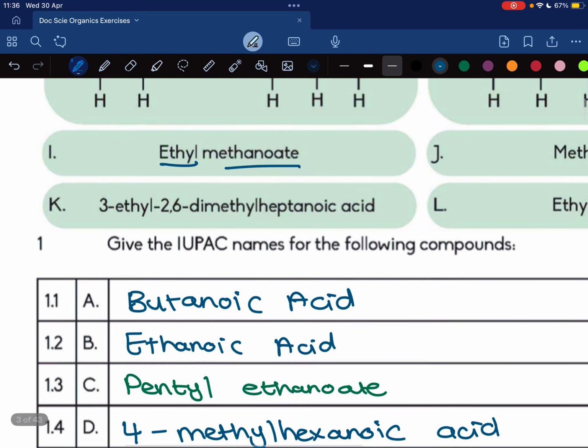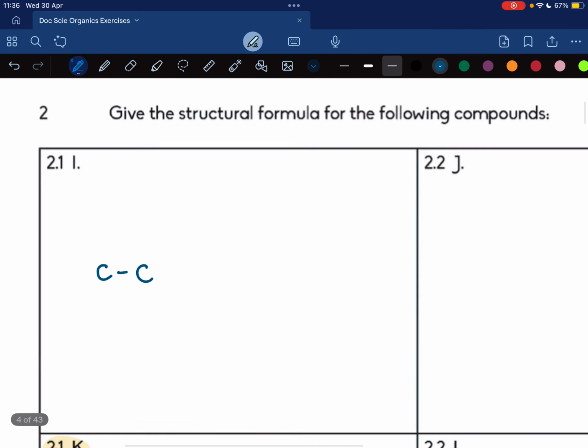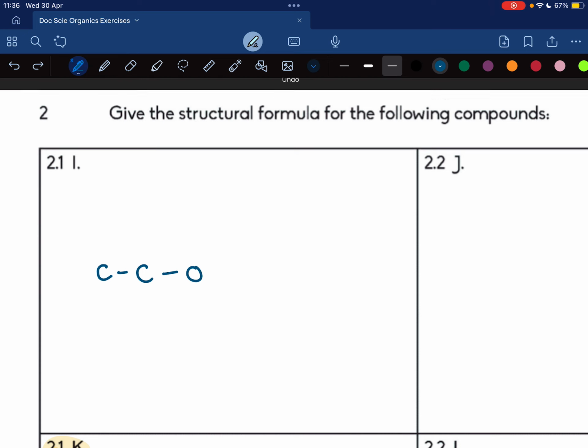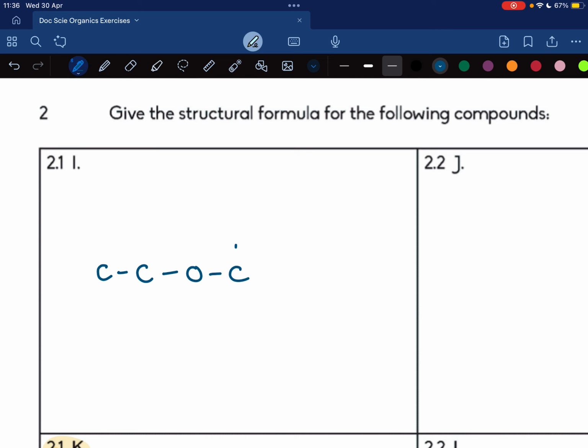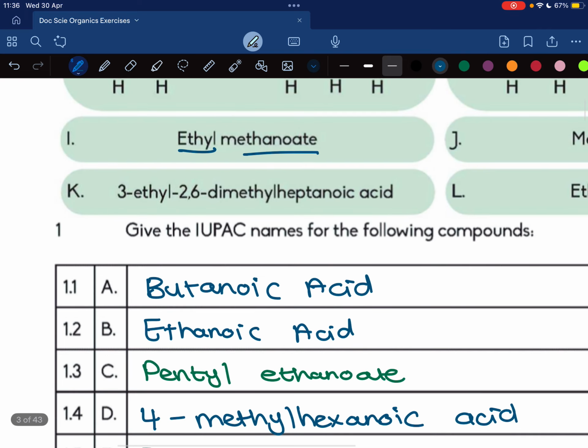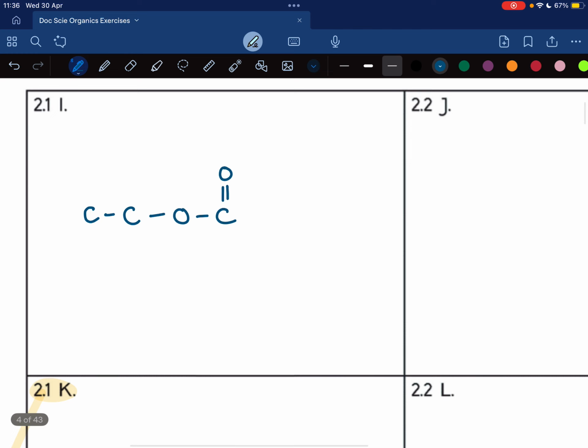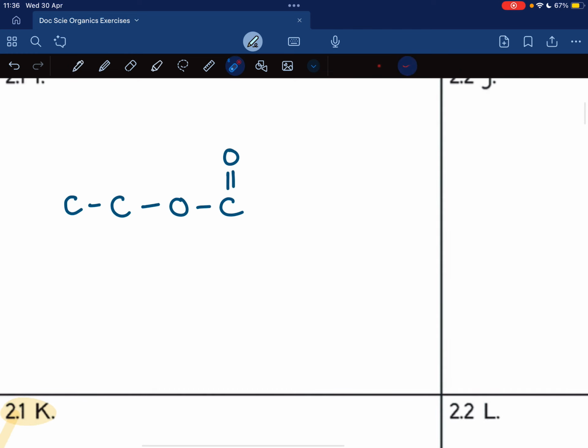Then it's the functional group for the ester, which is O bonded to a single bond carbon and then a double bond oxygen. And then it says methanoate, so that must mean that there's only 1 carbon, which is that carbon there.